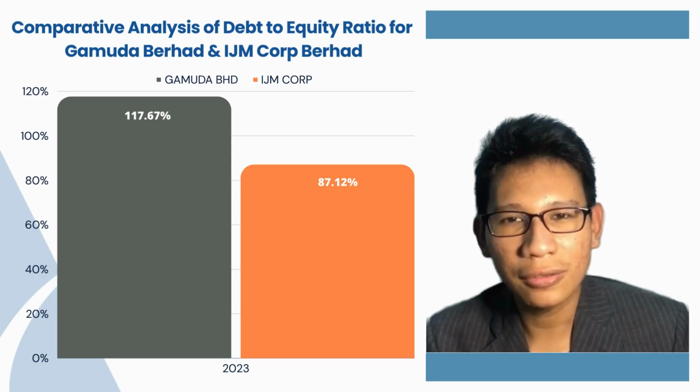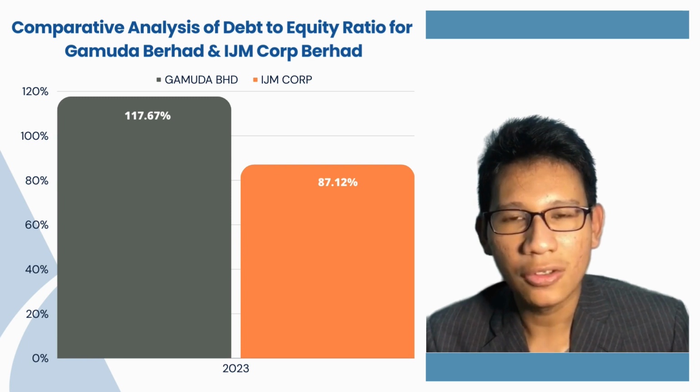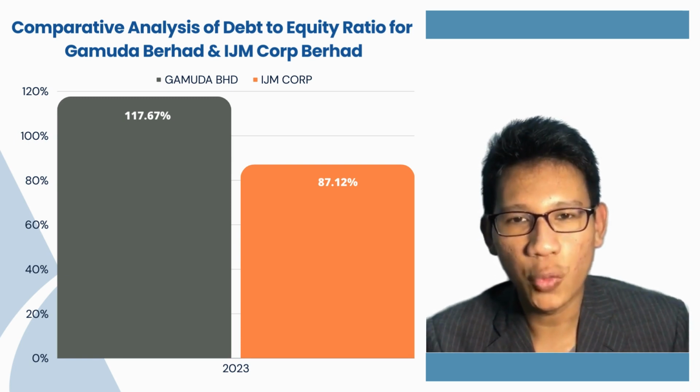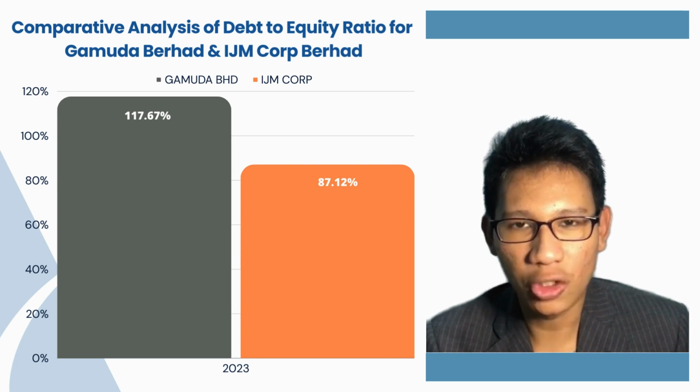Okay, lastly for my part is the comparison of the debt to equity ratio of Gamuda Berhad versus IJM Corporation.